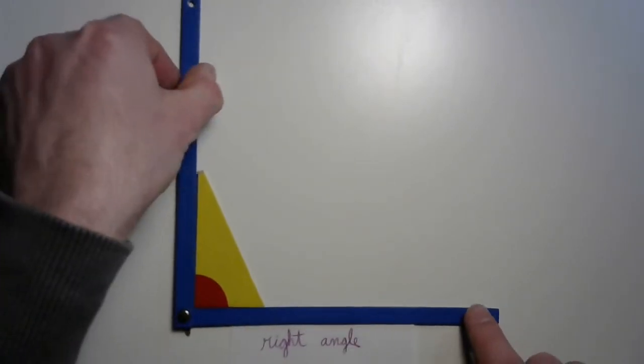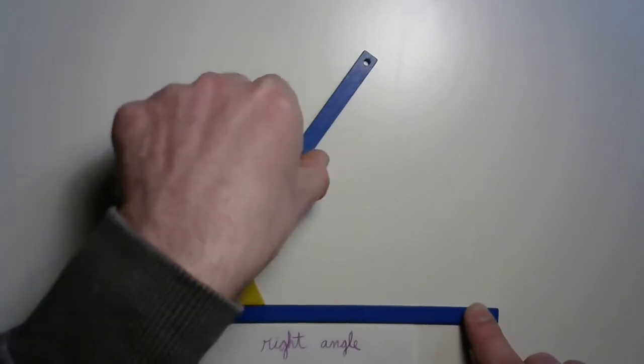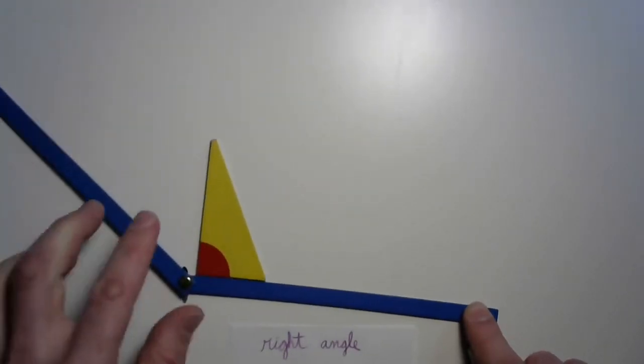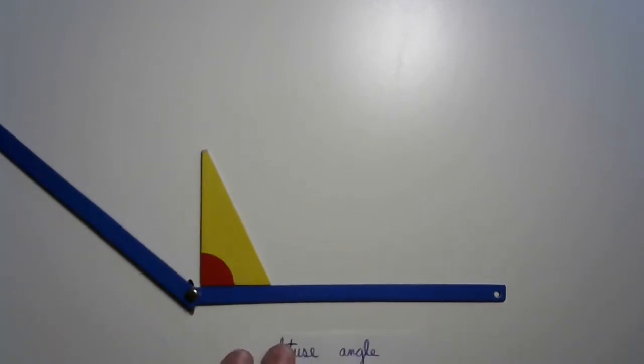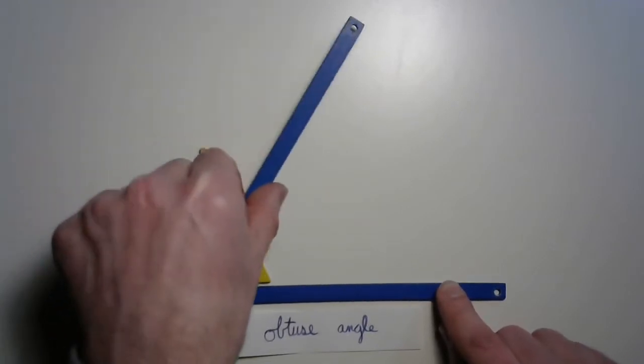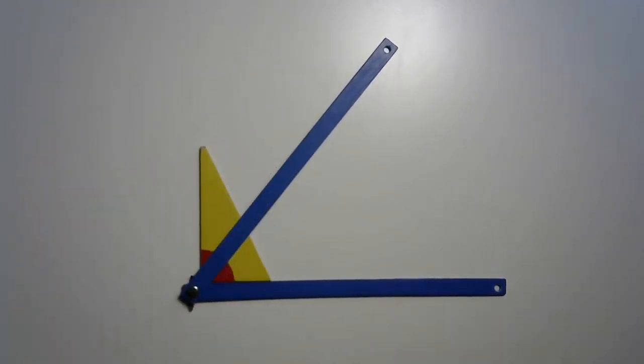But remember, there's angles that are also smaller than a right angle and larger than a right angle. Well, those ones that are larger than a right angle, we call an obtuse angle. And then the ones that are smaller than a right angle, that's right, pretty cute, right? An acute angle.